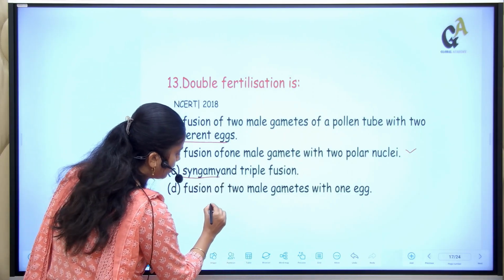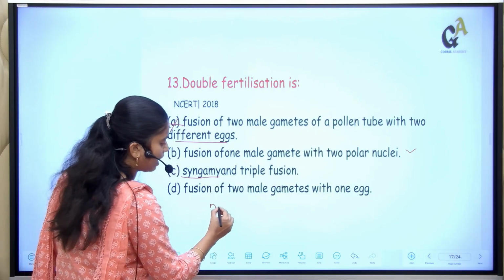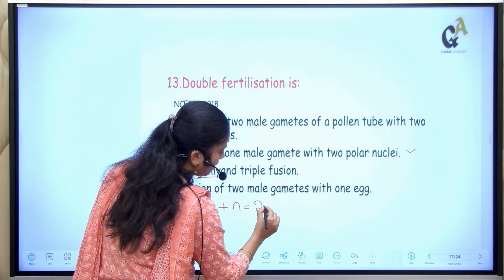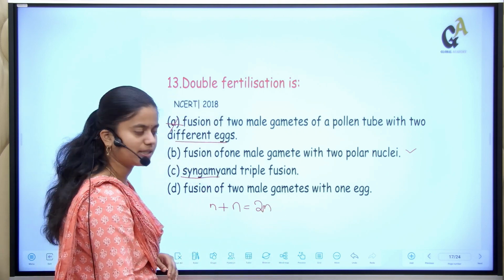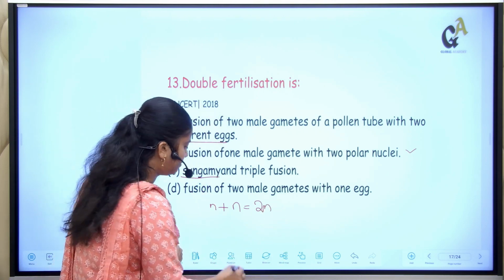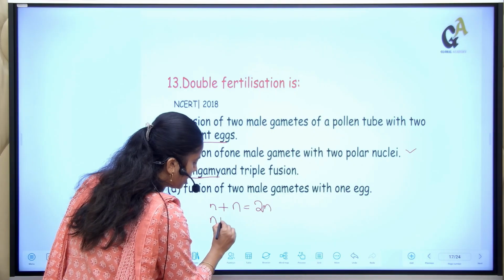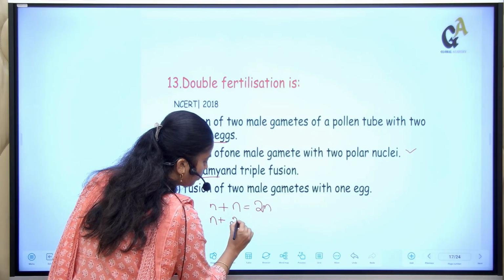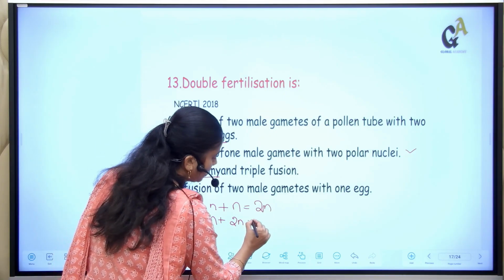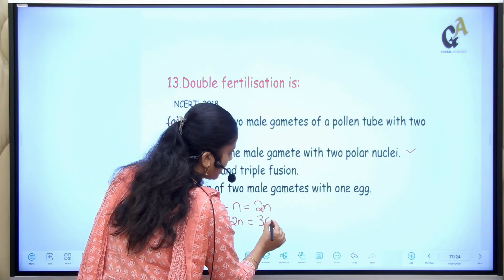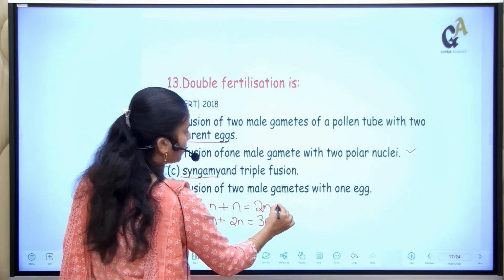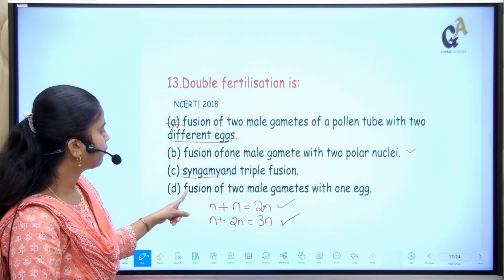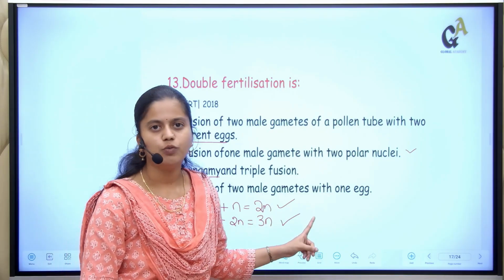Syngamy means the fusion of the male gamete with the egg that gives the diploid zygote, and triple fusion is the fusion of a male gamete with a pair of polar nuclei. A pair of polar nuclei indicates 2n condition, so it is 3n. Next, option D is fusion of two male gametes with one egg.